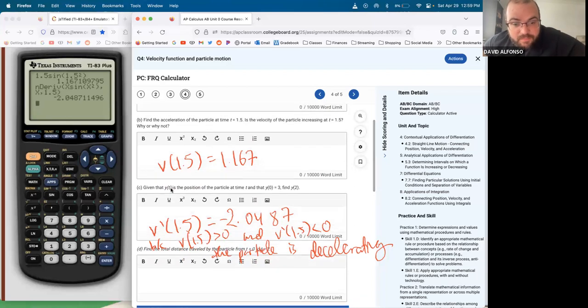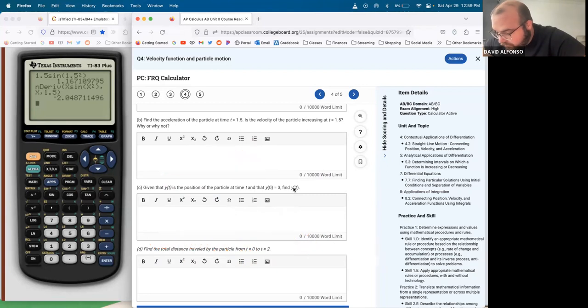Okay, given that y of t is the position of the particle at time t, and that y of 0 equals 3, find y of 2. So this one's a tricky one because you have to remember the fundamental theorem of calculus part 2.